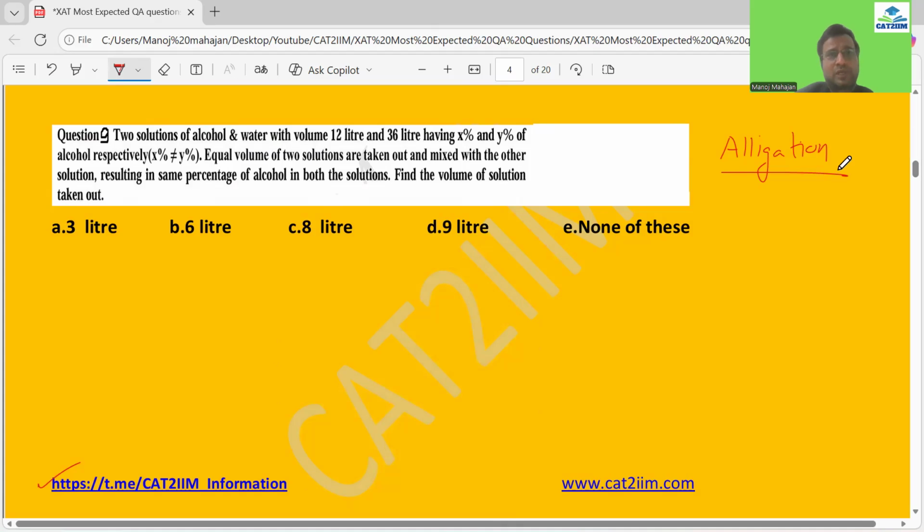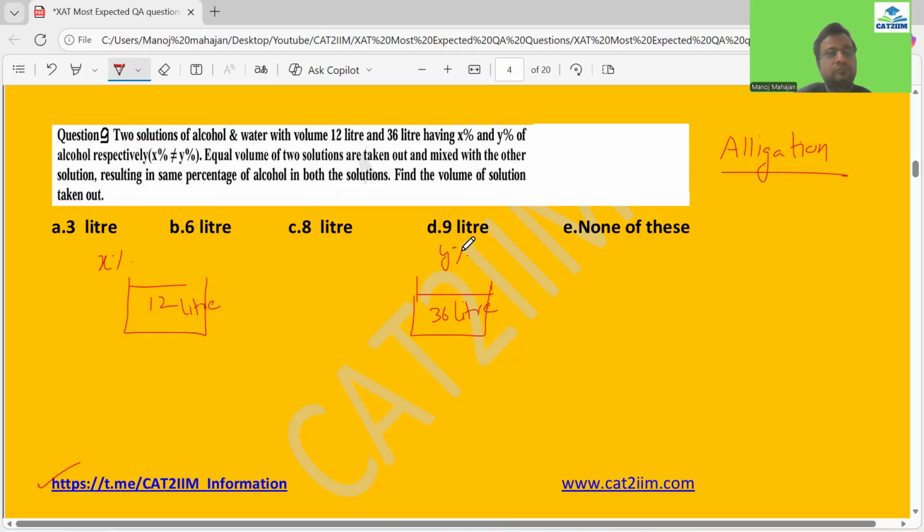Two solutions of alcohol and water with volumes 12 liters and 36 liters have X and Y% of alcohol. So let me say there is 12 liters here of X% and 36 liters here of Y%.